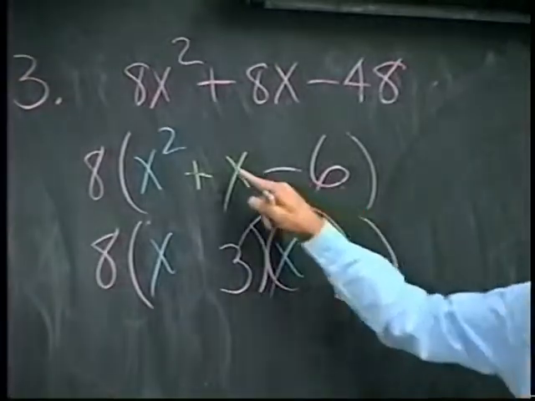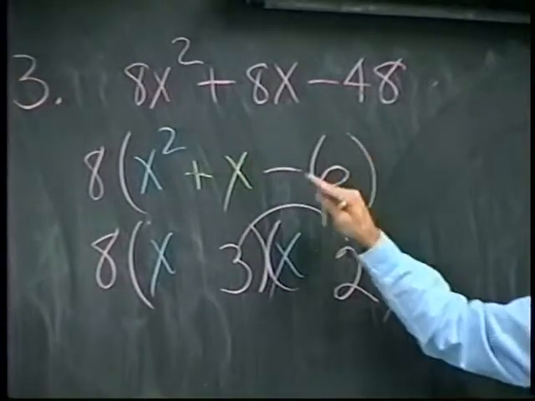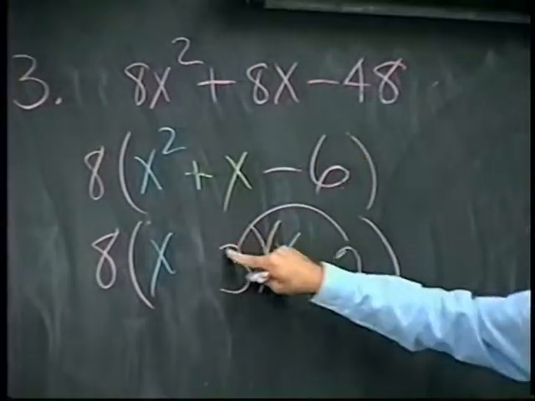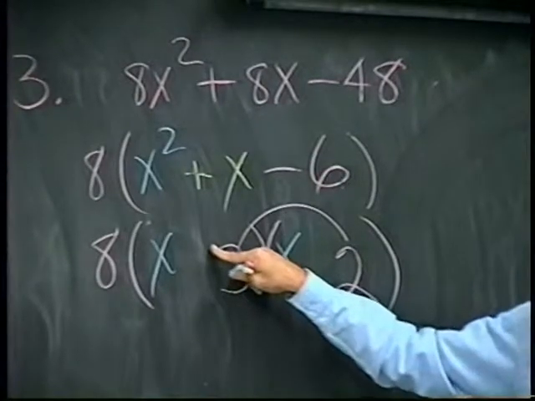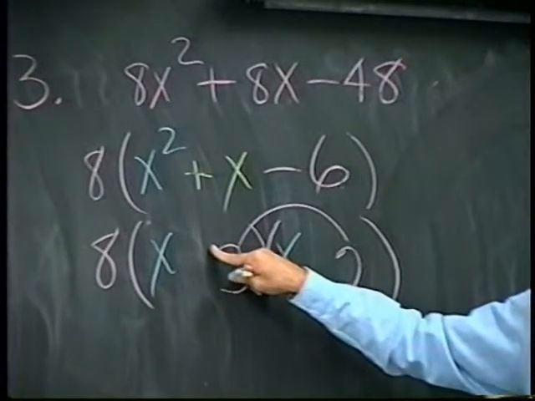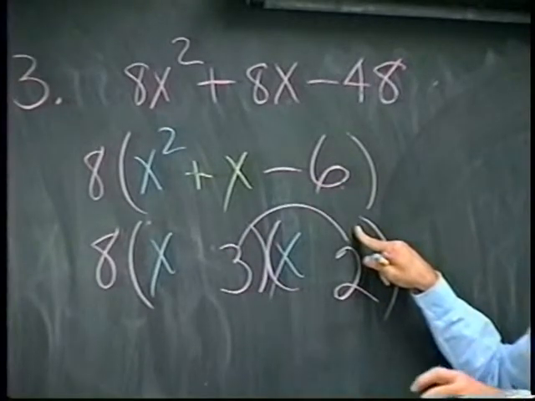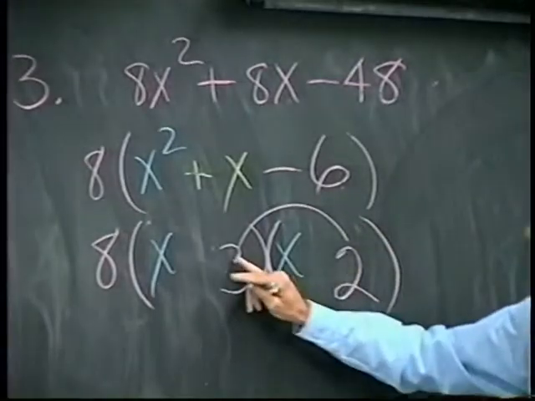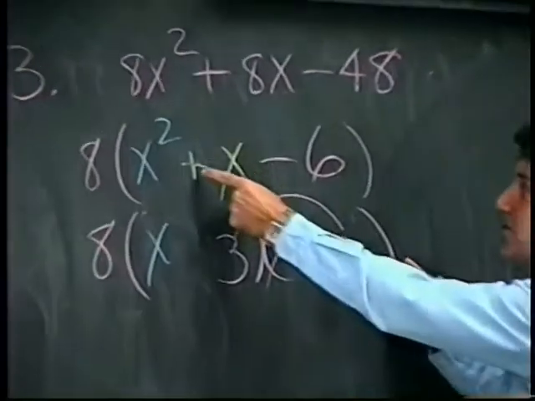When I say, what's the last times last, and you said 3 times 2, you're planning your next shot. And the next shot after the last times last is the outer times outer, the inner times inner. So when you said 3, 2, you were planning ahead because you know that the middle term has to be 1.